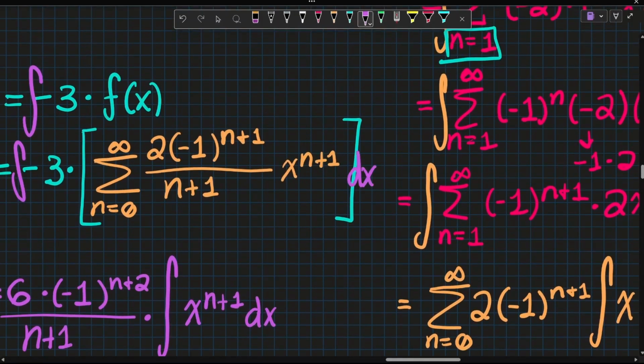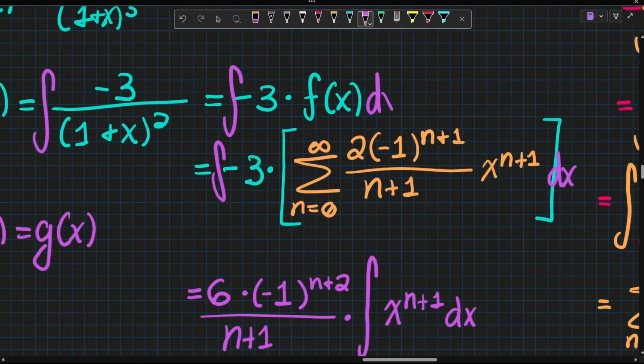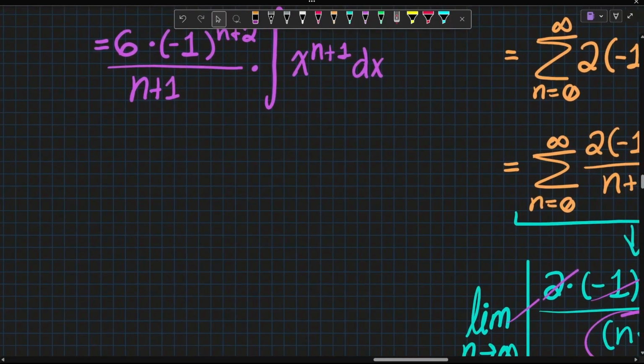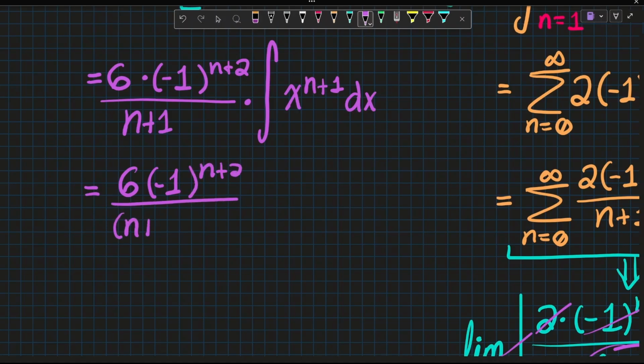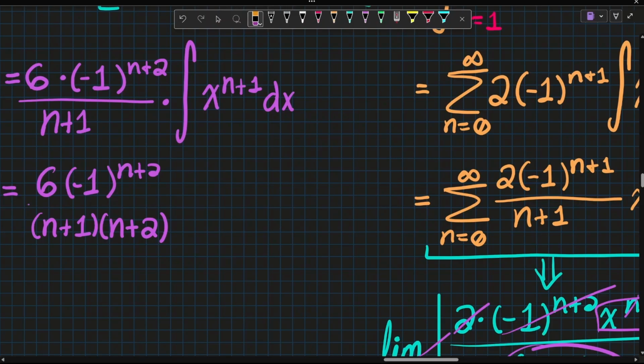We'll put a dx here as well, just to reiterate that it's the derivative. Now you also know the integral of this. This would be 6 times -1 to the n plus 2 over n plus 1, and now we have a new coefficient of n plus 2, times x to the n plus 2.